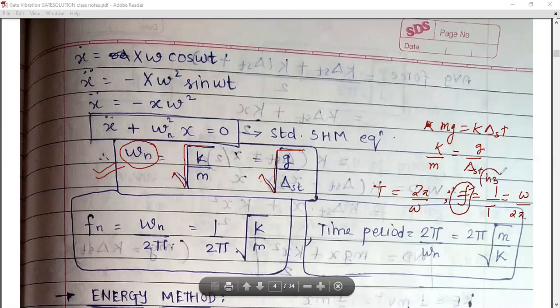On the basis of units, you can identify this is your natural frequency and this one is your linear frequency. Is that clear to everyone? Aditya? So the natural frequency is 1 upon 2 pi under root k by m, and the time period is also written as 2 pi under root m by k.